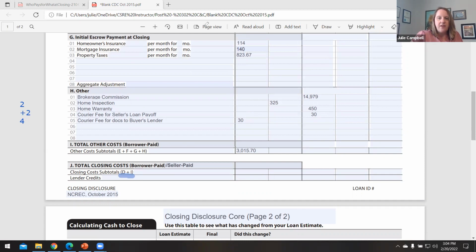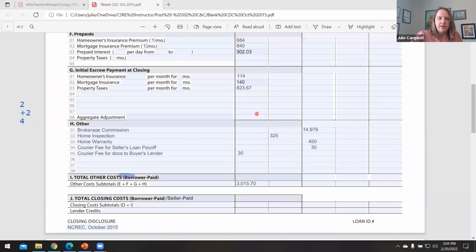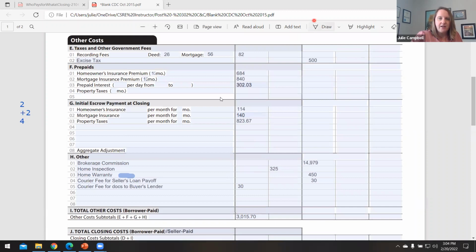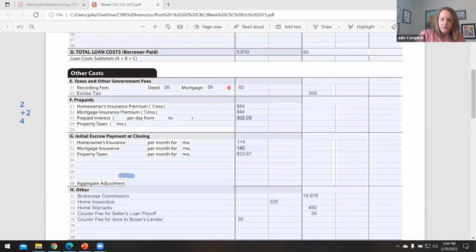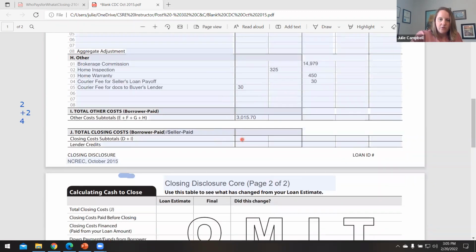So to my $3,015.70, I'm going to add my D, which was 5610. So J for the buyer, I'm getting $8,625.70. That's one test question.